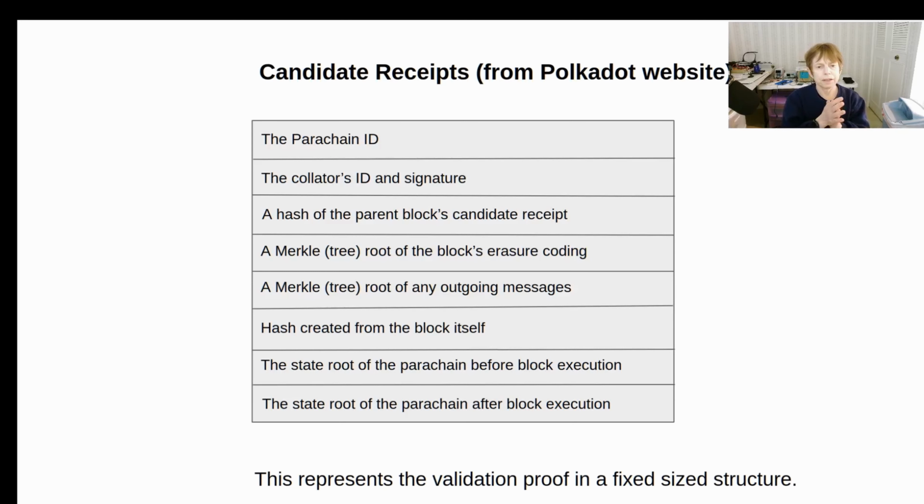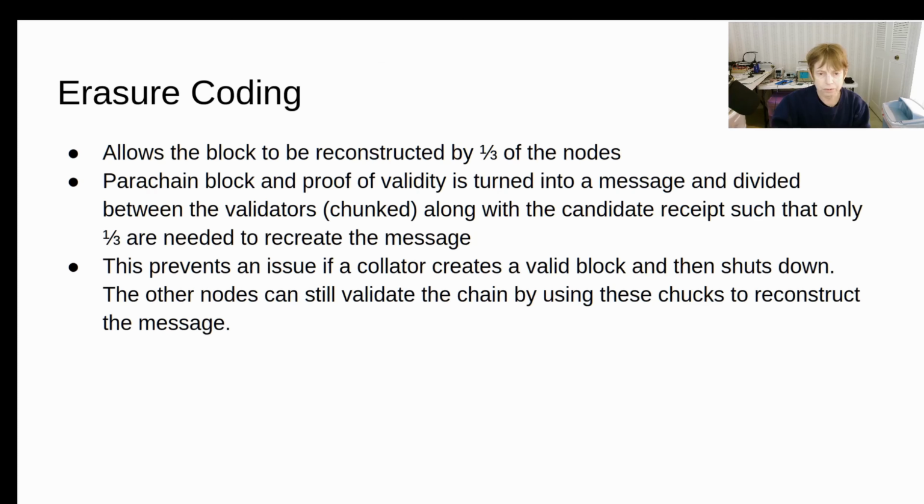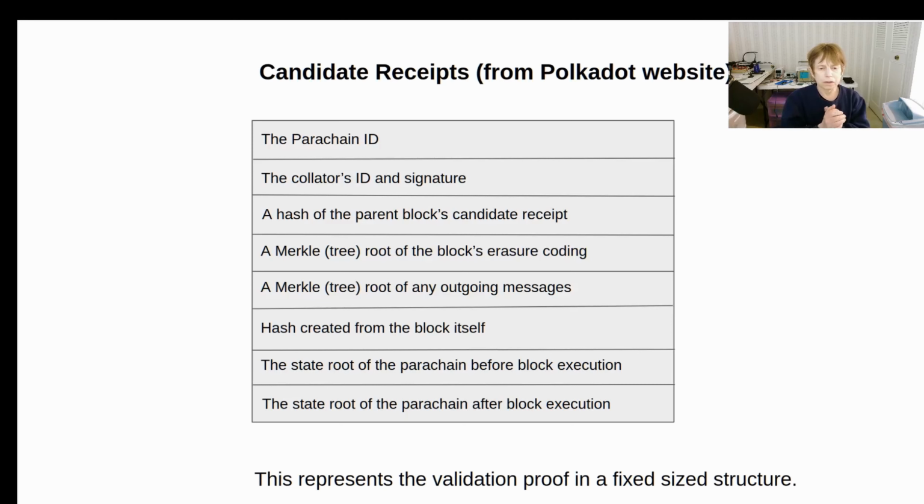So you have the parachain ID, the collator's ID and signature, a hash of the parent block's candidate receipt, the Merkle tree root of the block erasure coding, which is that Merkle tree we talked about, and the Merkle tree root of any outgoing messages.